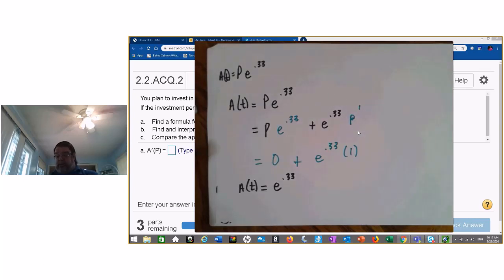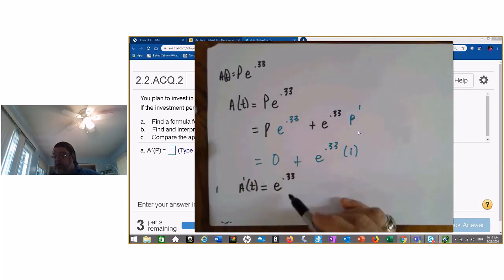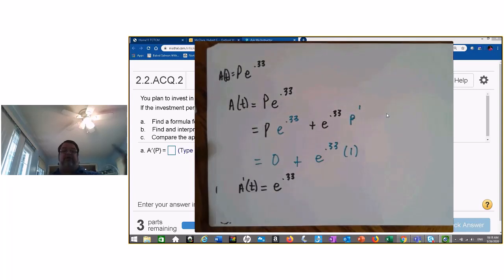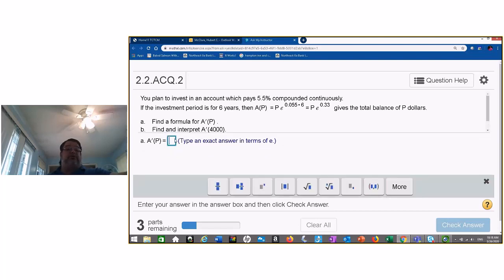So that's going to be A prime of P is equal to e to the 0.33. Well, you can't plug 4,000 into the derivative. You can't do that. So this is going to be e to the 0.33.